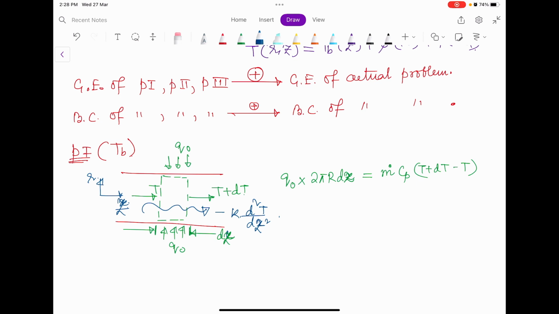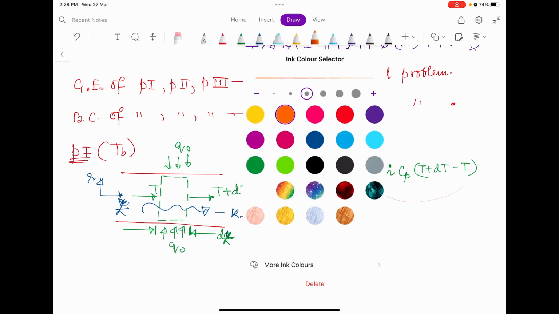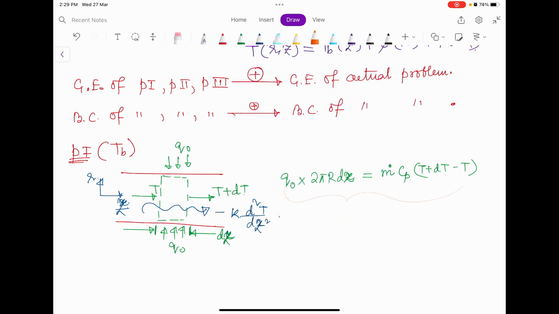But I have told you that we are considering a large Re flow. Large Re means a large Pe flow, a large Peclet number flow, so my axial conduction is neglected. In writing this equation, I have to keep in mind that axial conduction is neglected.